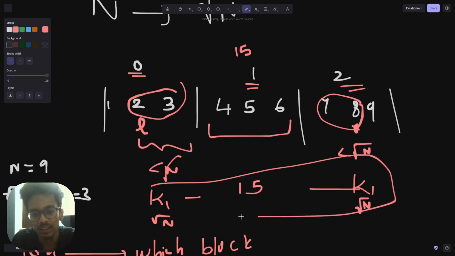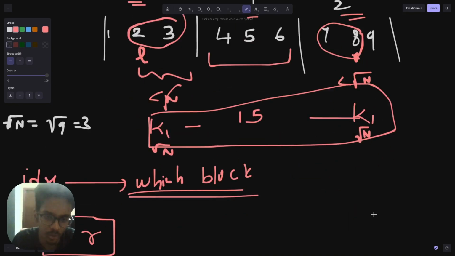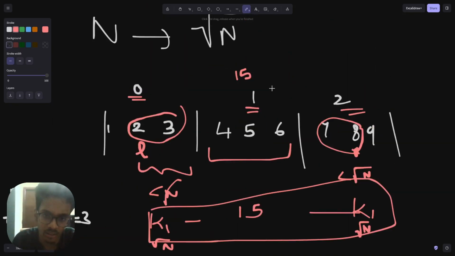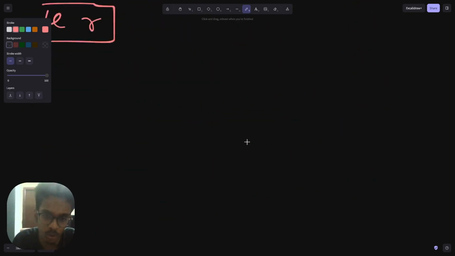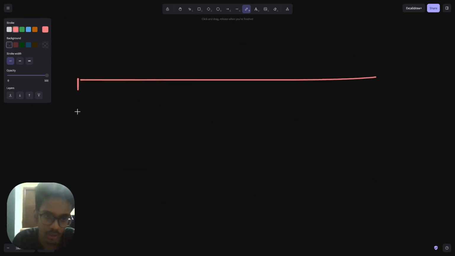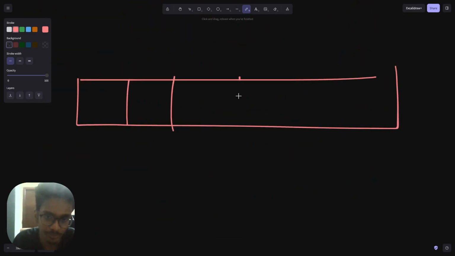Isn't this very handy? The brute force you're doing on these partial blocks takes somewhere around root n, so it's very optimal. And in between, let's say there are multiple blocks, and you are asked to calculate this whole sum, starting from this block.